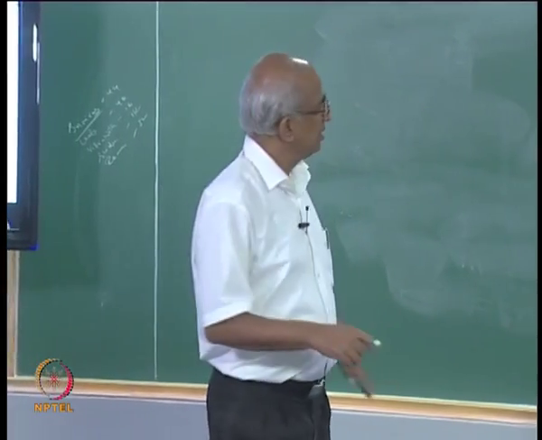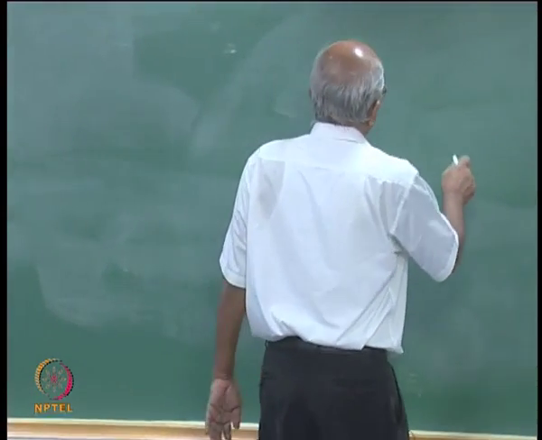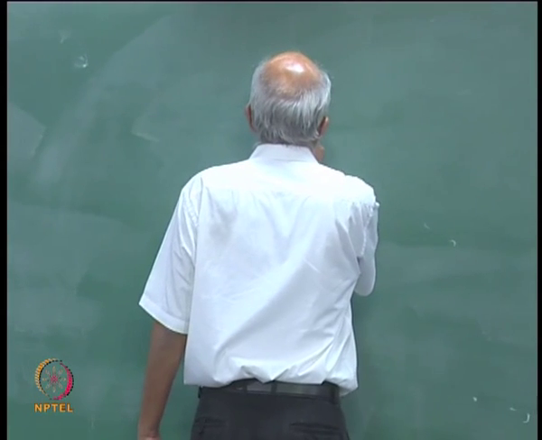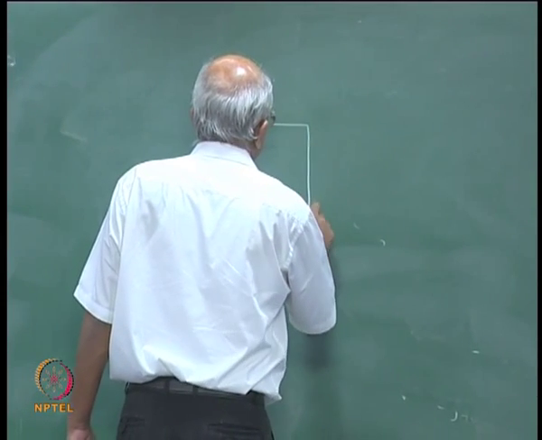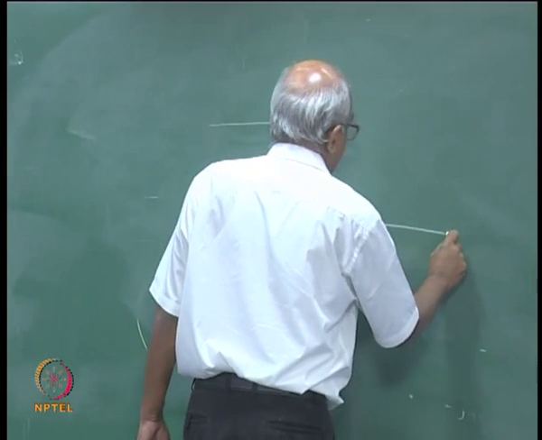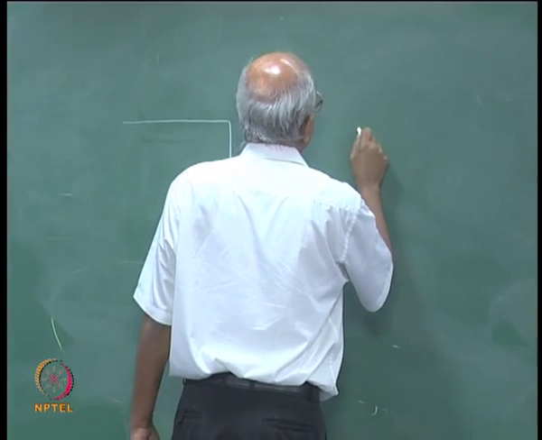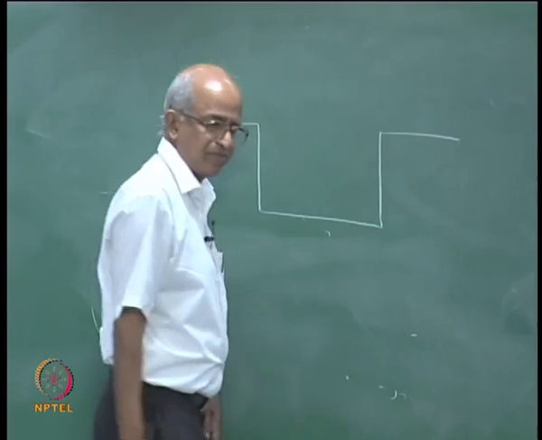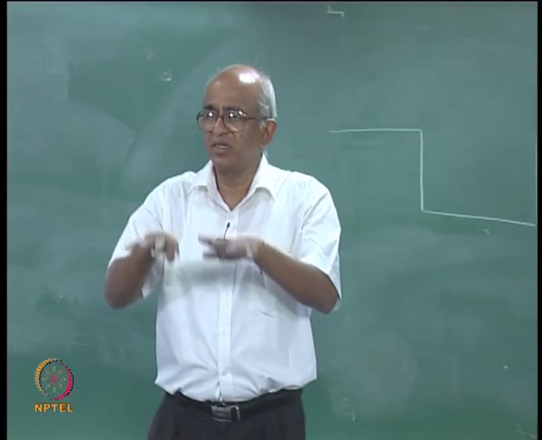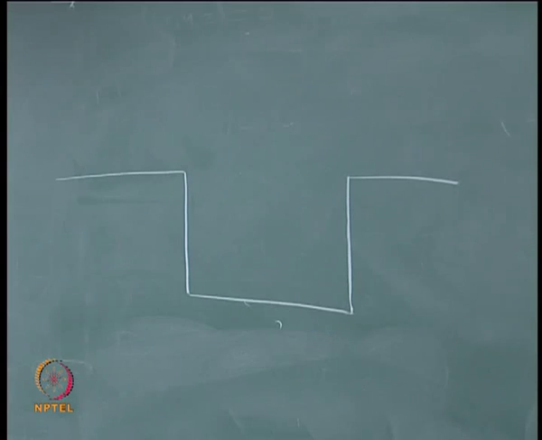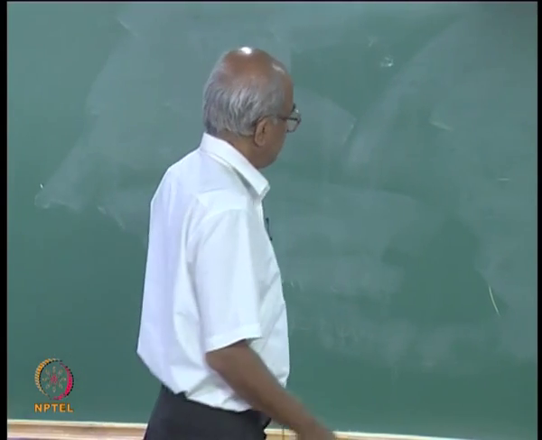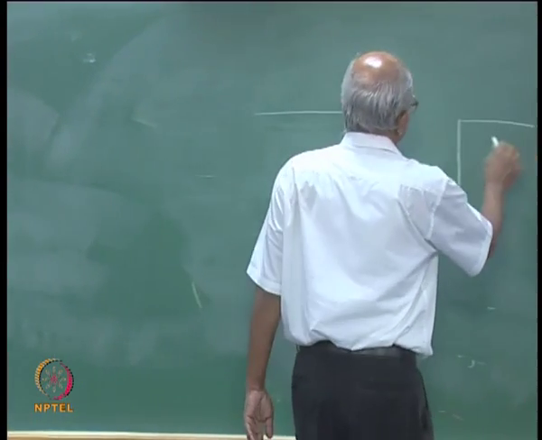Okay. So, to make things clear, let me imagine that I have a box which extends from here to there. In that region the potential energy is low, while outside the potential energy is different and large. In fact, I will imagine it this way.